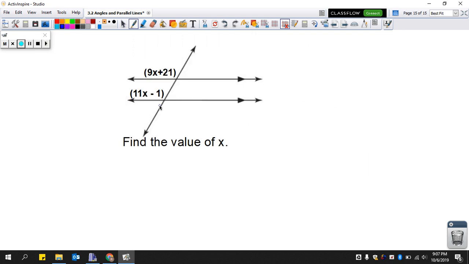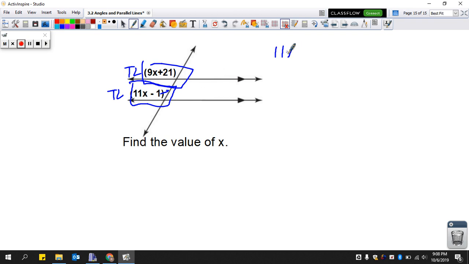All right, one last example. It says to find the value of x. Well, we have corresponding angles here. These are both top left when we're talking about how they interact in the intersection here, top left and top left, which means that they're congruent to each other.